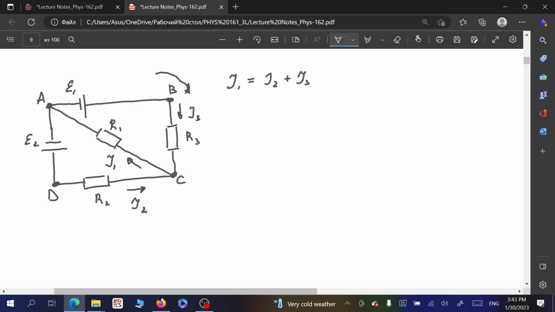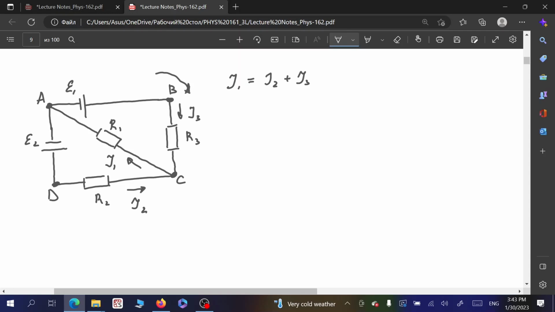clockwise. So now everything in the direction of the path, electromotive force and current, will be considered as positive potential difference. Everything in the opposite direction to the chosen path will be considered as negative potential difference. So in this case, let's check first the electromotive force.